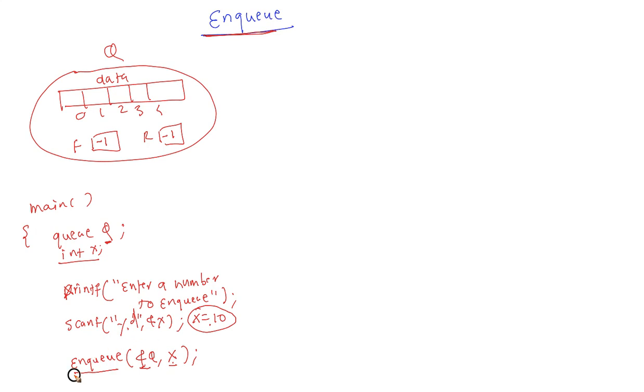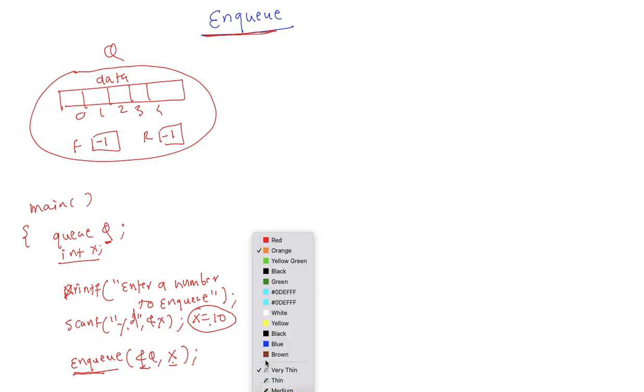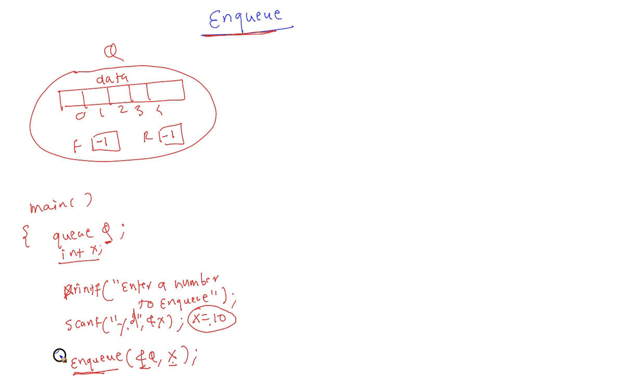But I'll call this NQ only when this queue is not full. So I'll make sure that the queue is not full before calling this NQ. So here, if not is full and queue, I'll call NQ. That means is full returns 1 if the queue is full.